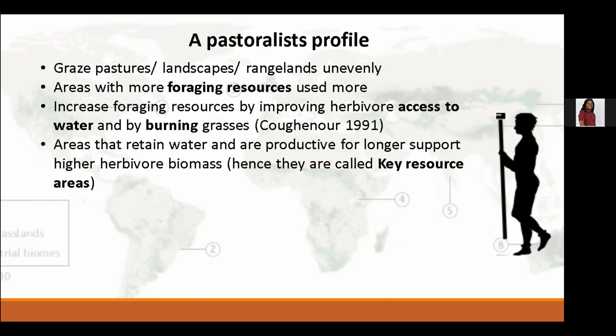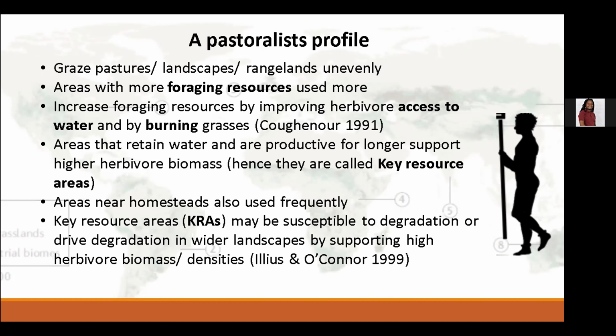And then there's this idea that the areas that retain water and are productive are able to support a lot of herbivore biomass. And these areas are termed key resource areas. Also, areas near homesteads are used frequently.